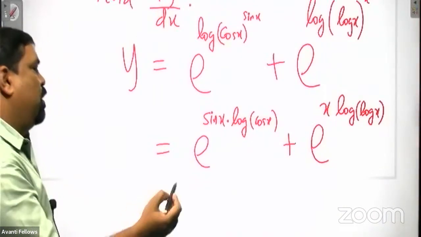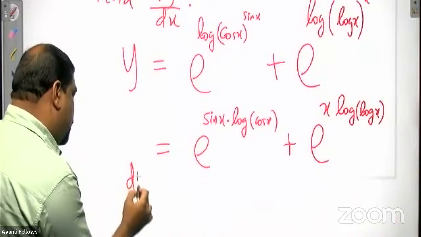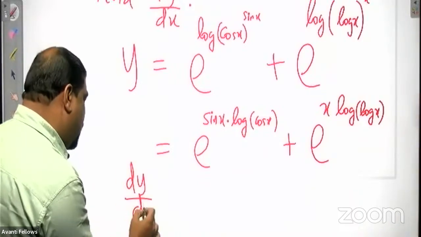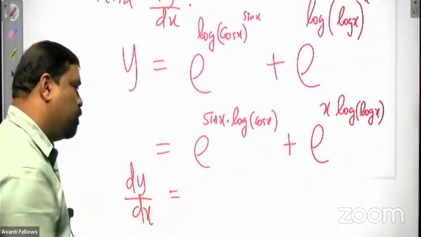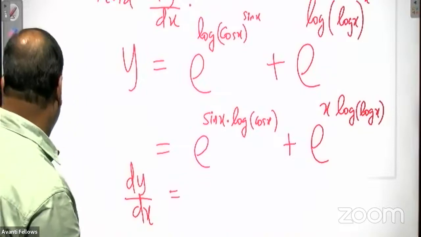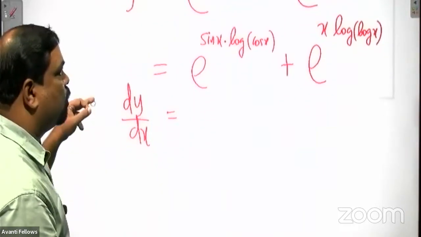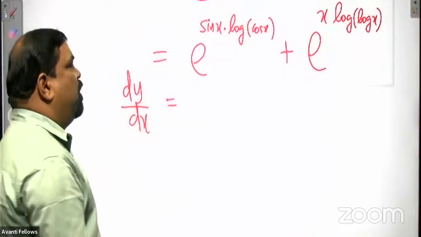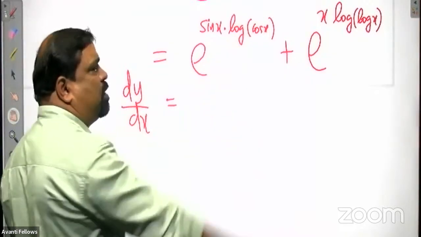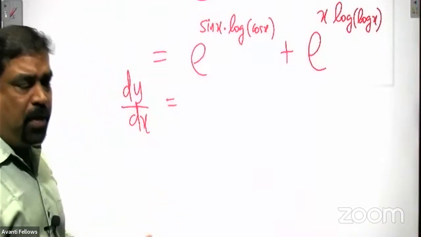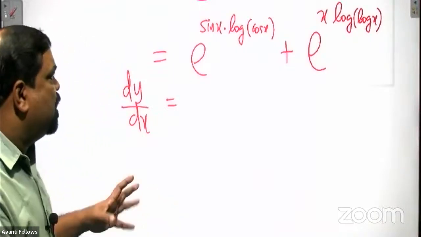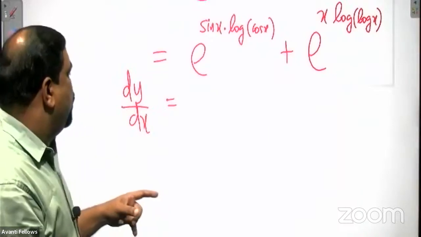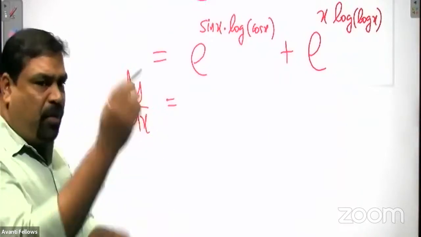Okay. Then differentiate. What is dy by dx? The derivative of e raised to something means the same itself. E raised to x means e raised to x, and you know that it is going back to the original function actually.